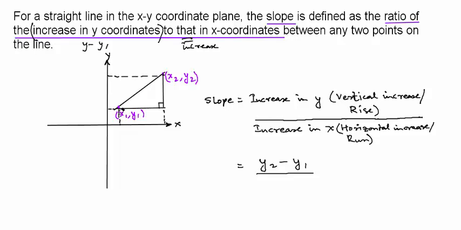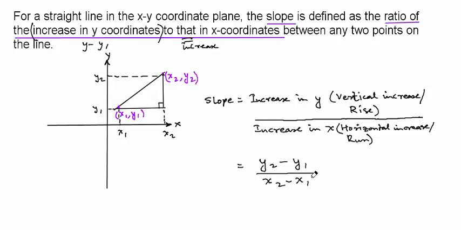This is x2 and this is x1. So this is going to be x2 minus x1, just like it was y2 over here for this point and y1 over here, the reason why we had y2 minus y1 on the top. So this is x2 minus x1. So given the coordinates of 2 points on a straight line, you can find the slope or the gradient of the straight line by using this formula.